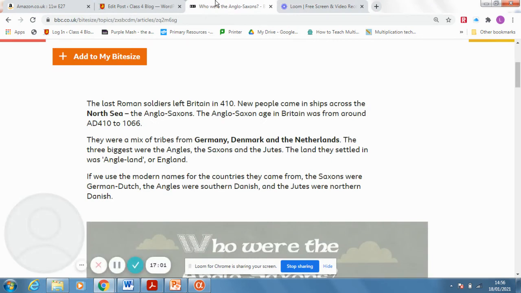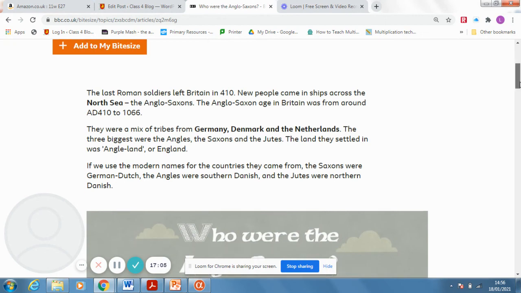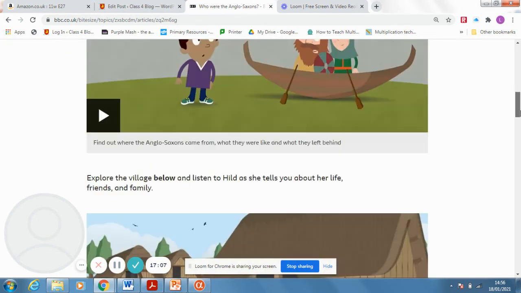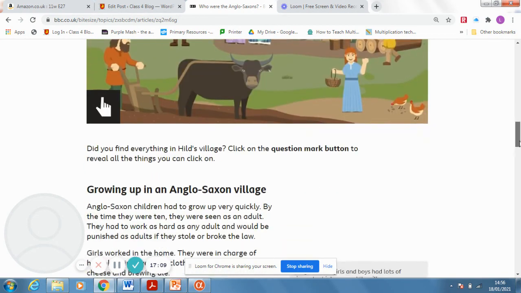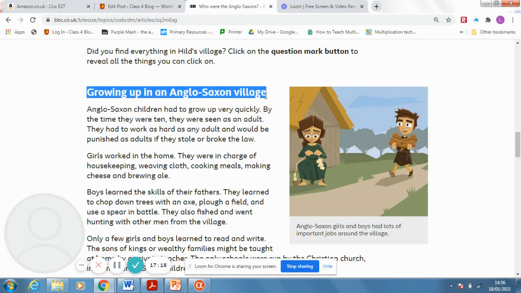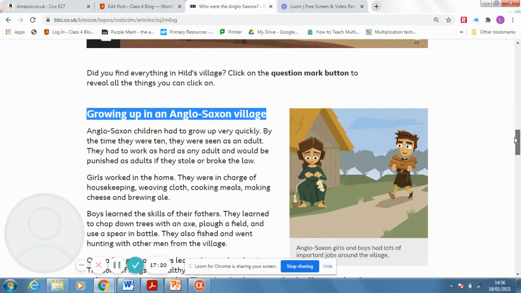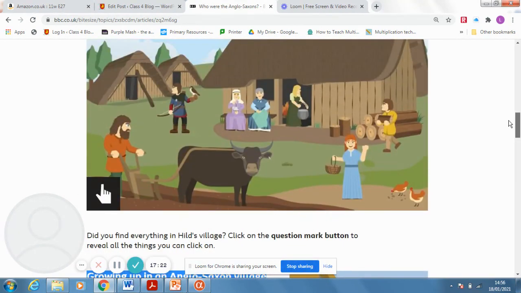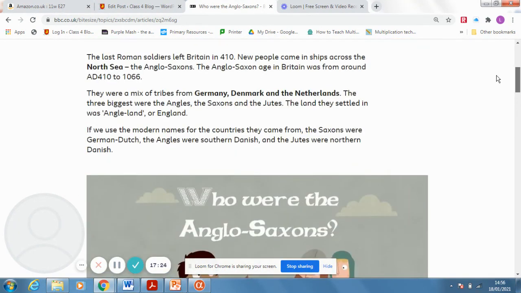I've seen some amazing work from you children. Please use those skills in your work. From that BBC website, if you look down, the amount of information that you've got in there. But avoid, though, going into a different subject area, like growing up in an Anglo-Saxon village. Because at the moment, just to recap, you are covering who they were and where they came from.